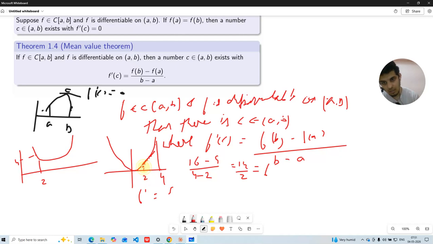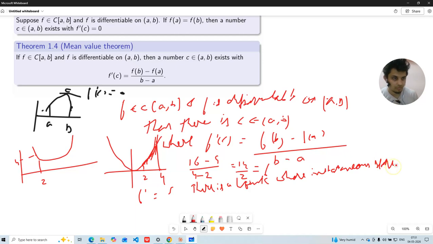So there is a point c where the instantaneous slope is equal to the average slope.